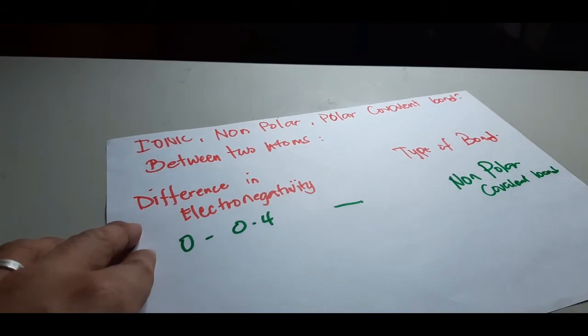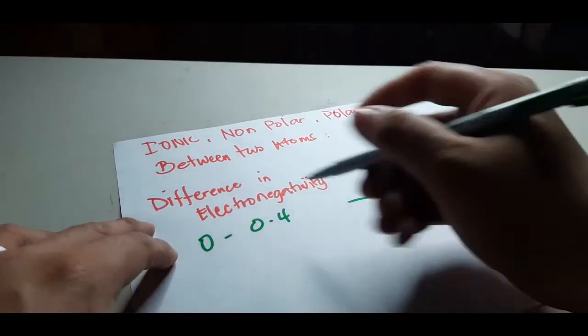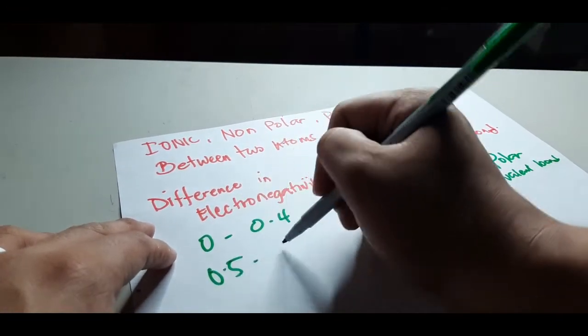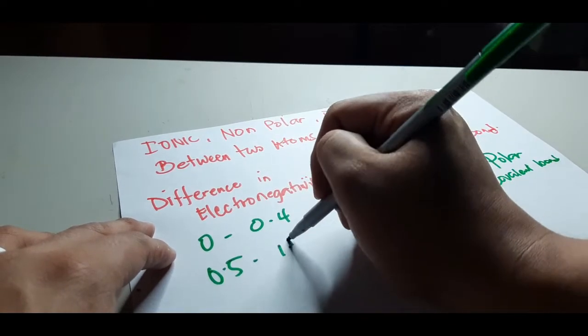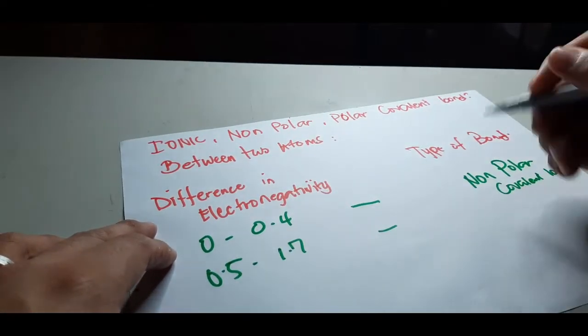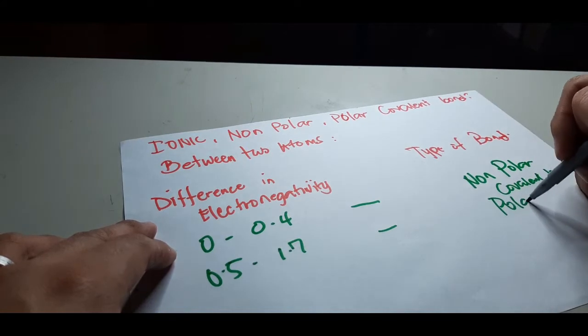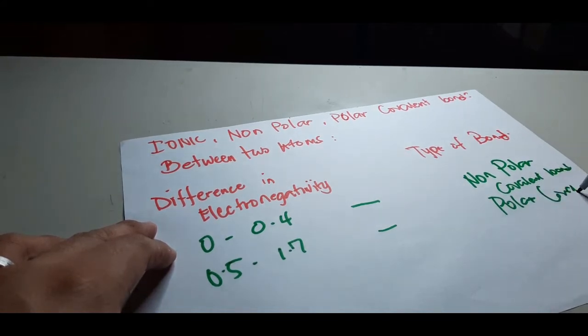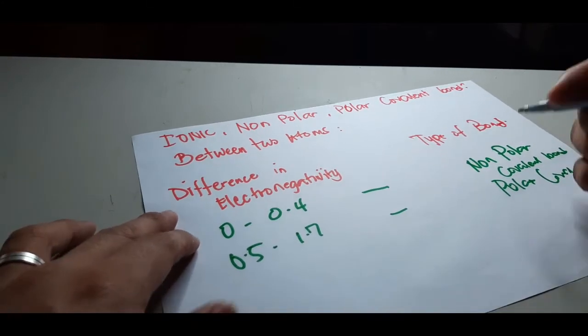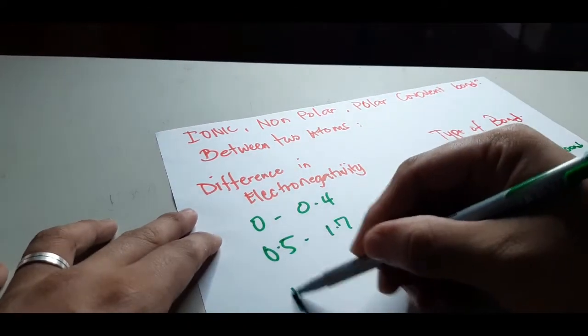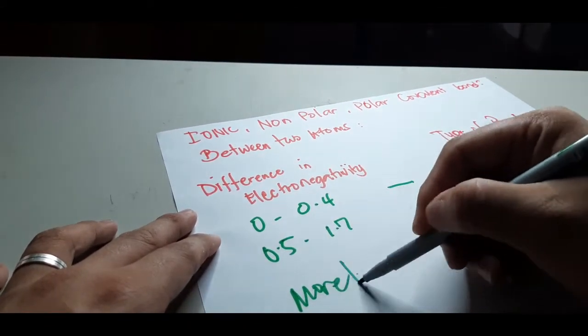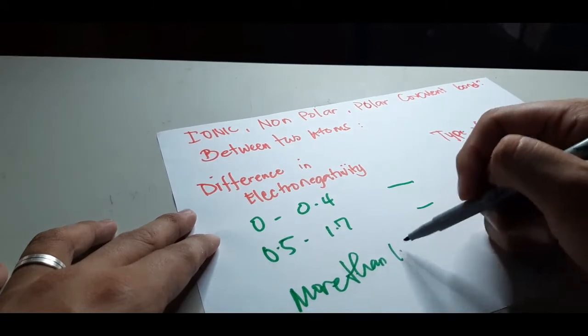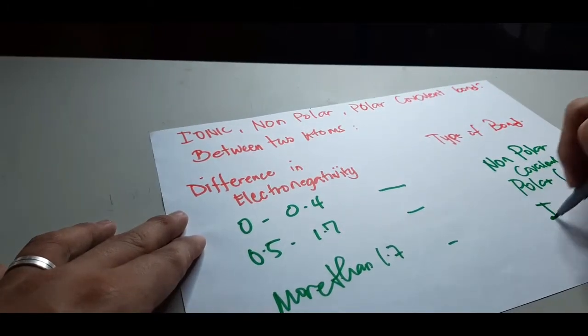If the difference is from 0.5 to 1.7, it is a polar covalent bond. If the difference is more than 1.7, that is an ionic bond.